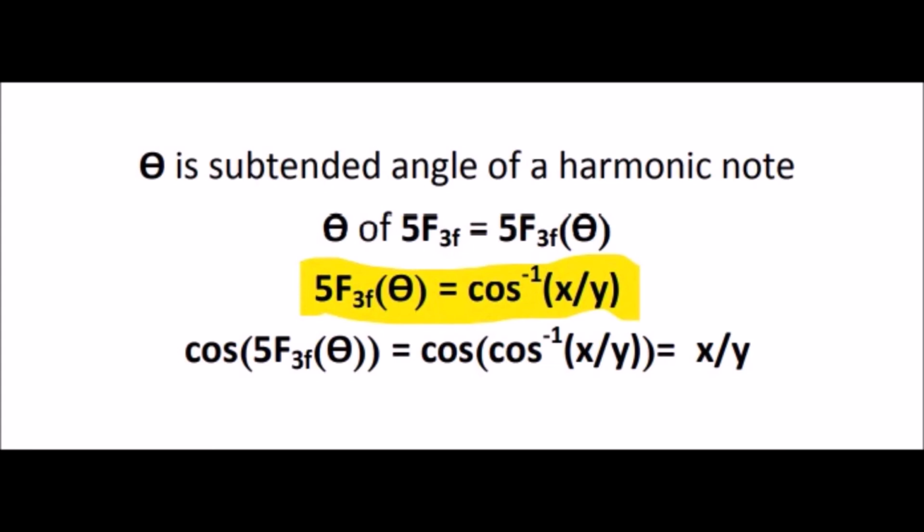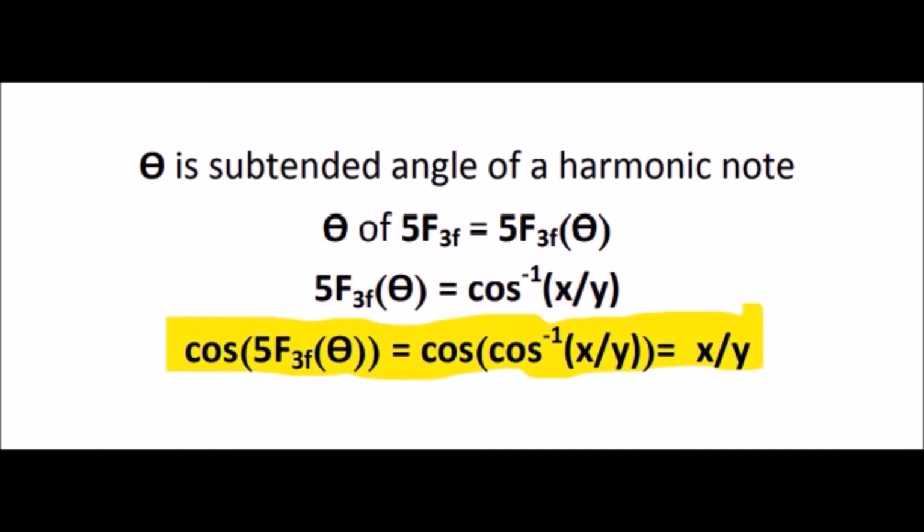The angle theta can also be represented as the inverse cosine of some fraction x over y, and in such cases, the cosine of theta is equal to that fraction itself, x over y. And for these cases, the ratios that I have found are ratios of the cosine of the angle theta, or a ratio of ratios, since cosine is a ratio itself.